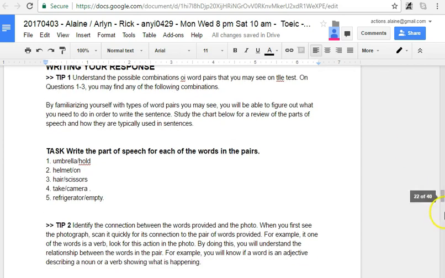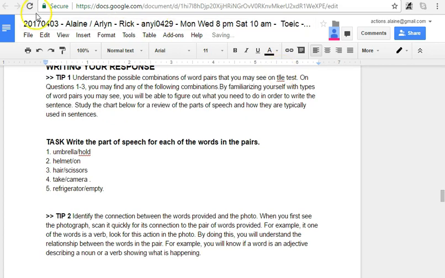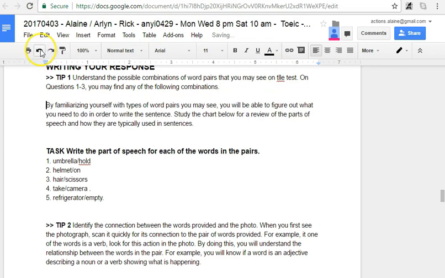Okay. Tip one: Understand the possible combinations or word pairs that you may see on the test. On questions 1 to 3, you may find any of the following combinations.